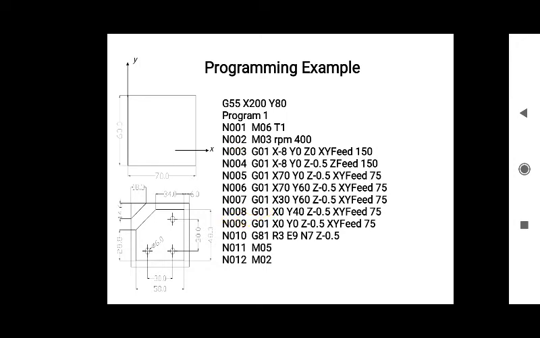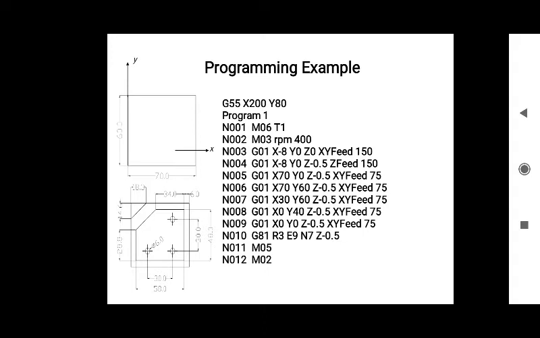Hence the next block is N010, G91, L7, Z minus 0.5. That means repeat 7 times the block from N003 to N009 with incremental offset of Z minus 0.5. Okay, so I'll repeat once again.